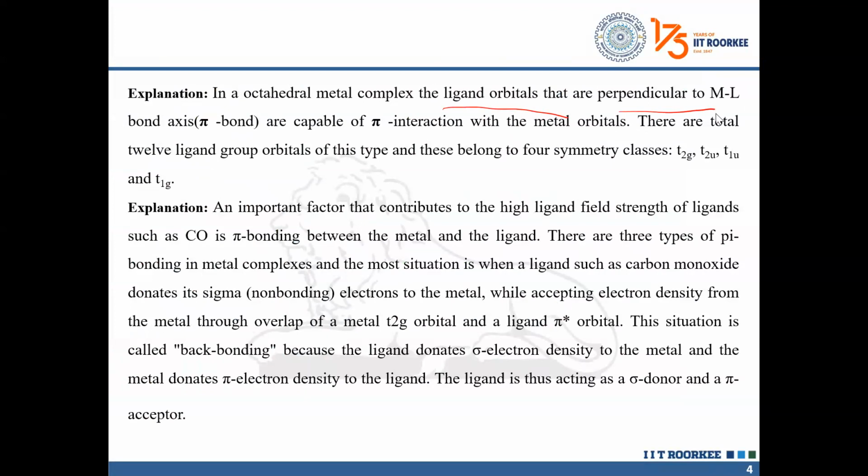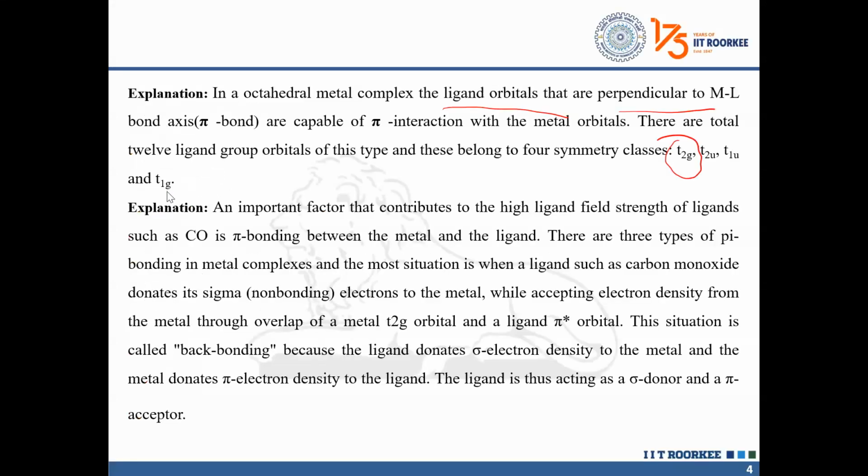These orbitals have symmetry T2g, T1u, T2u, and T1g. But the orbitals involved in pi bond formation are T2g, which combine with the ligand orbitals and form one bonding and one anti-bonding orbital. So there are a total of 12 orbitals. And what about the second one?